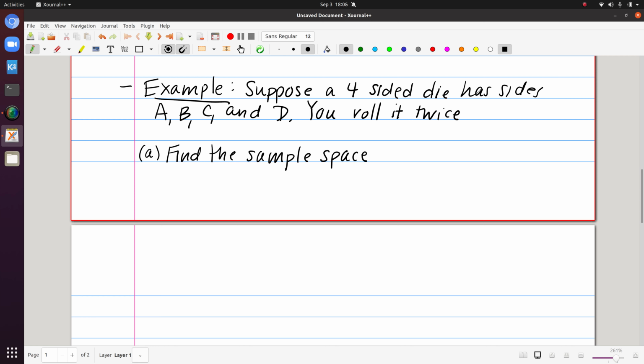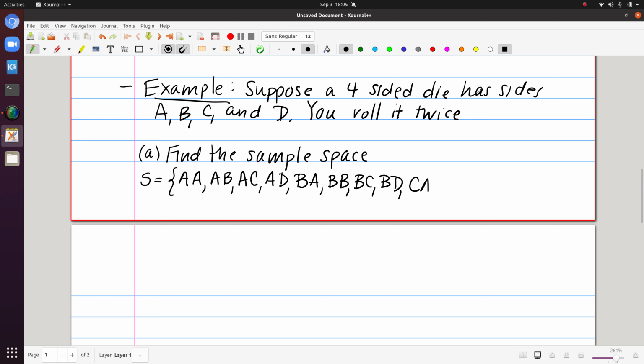So one way to represent this now is my sample space. I can express that I could have both rolls land on A. If I now fix on the idea of the first roll being A, of course we could get AA, AB, AC, AD. With the first roll being B, we could see BA, BB, BC, BD.